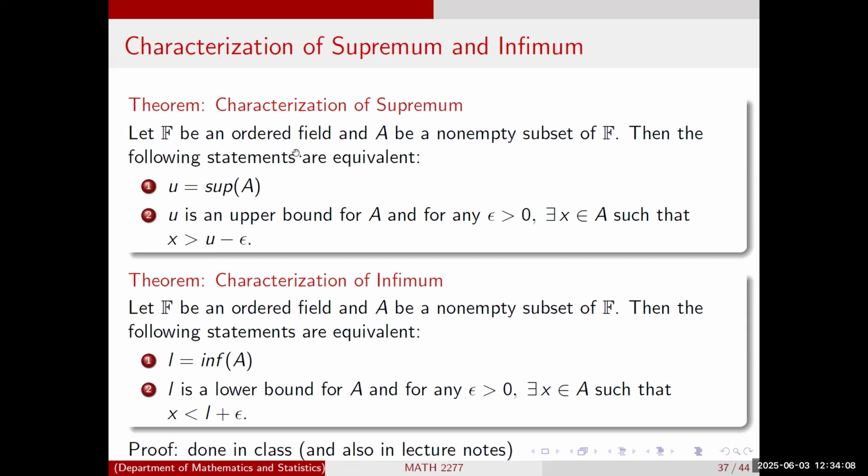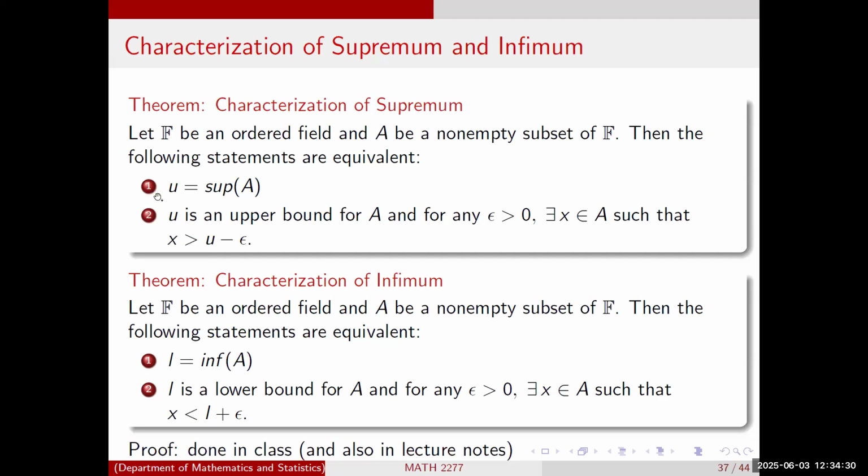The real numbers is just an example. So let F be an ordered field and A a non-empty subset of F. Then the following statements are equivalent. So the following statements are equivalent means both 1 and 2 mean the same thing. So 1 implies 2, 2 implies 1.